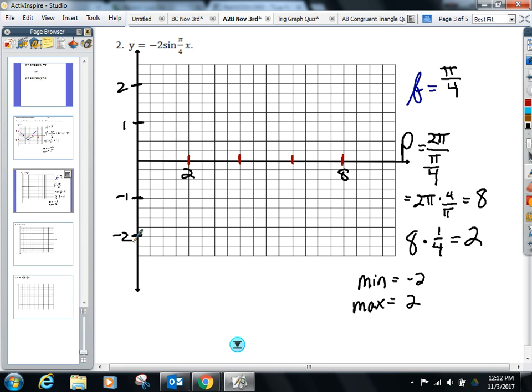What are the two middle values in between 2 and 8? I'm going by 2s, right? So the next ones should be 4 and 6.